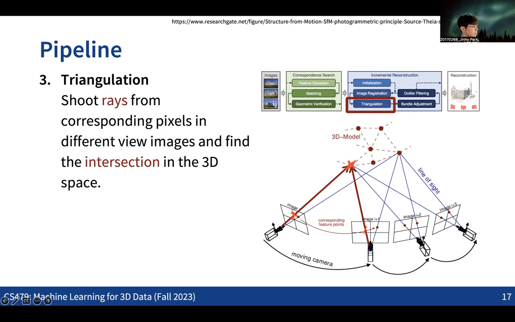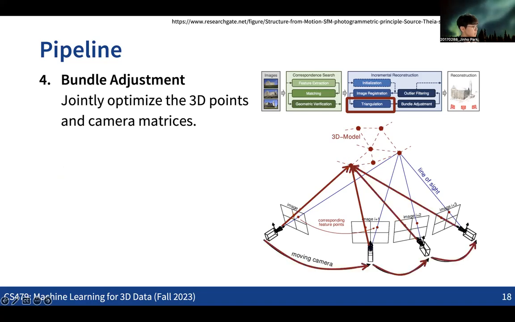Obviously this will not be only the case of just two images, there can be multiple other images as well. With correspondences of pixels across multiple images, we can do a joint optimization of the 3D points, because these 3D points should be the intersection of all the rays coming from all the different images, right?